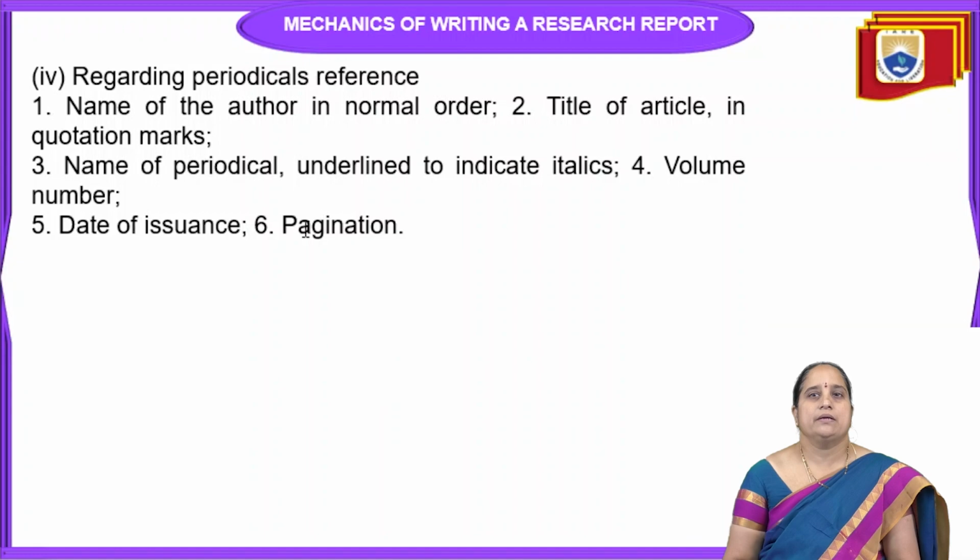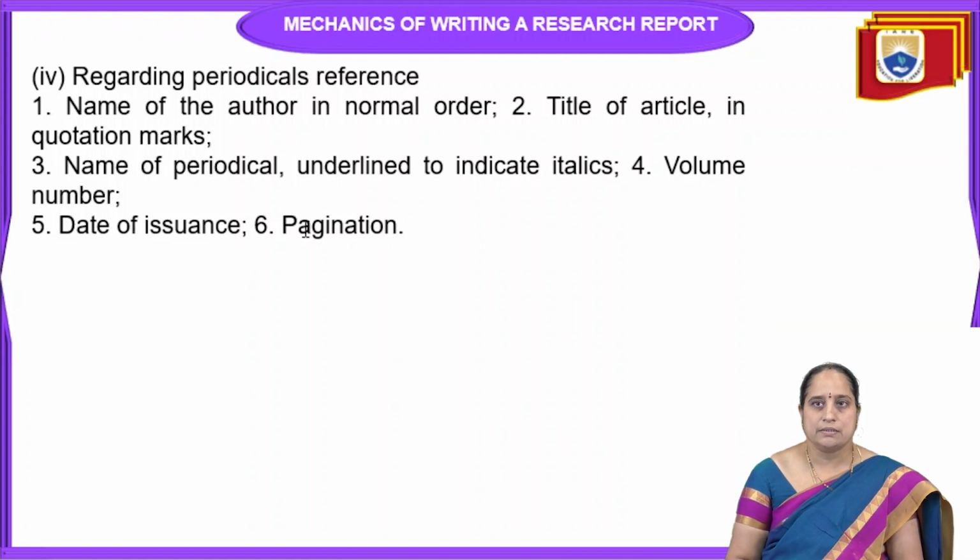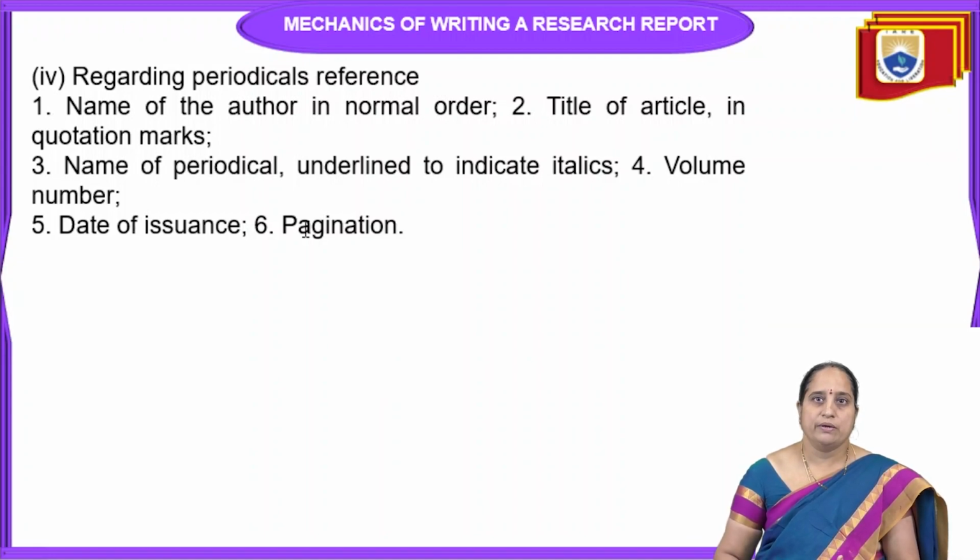And regarding periodical references, we give the name of the author in the normal order, title of the article in quotation marks, and name of the periodical underlined to indicate italics, volume number, date of issuance, and pagination. So this format we have to follow related to footnotes.